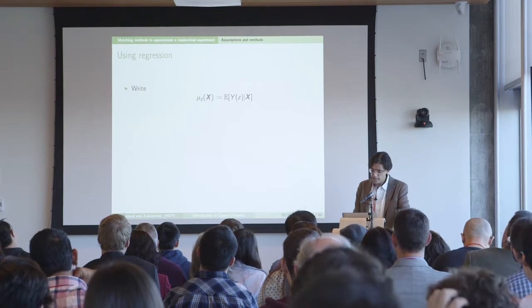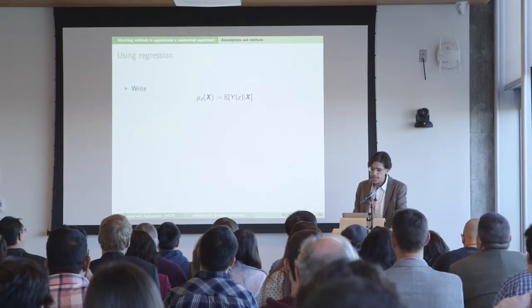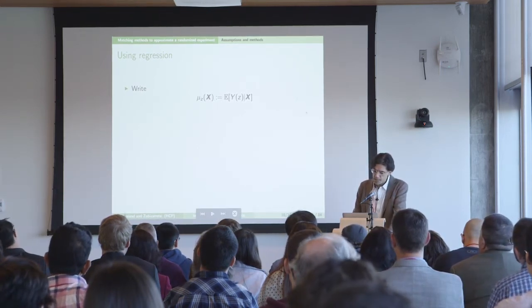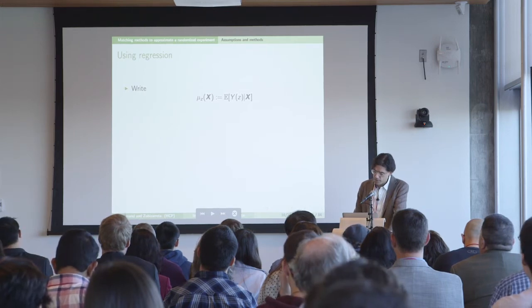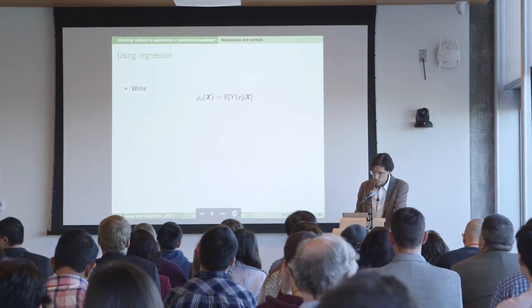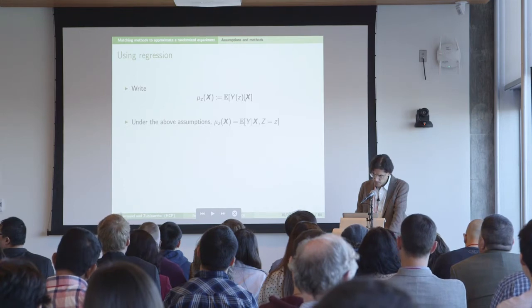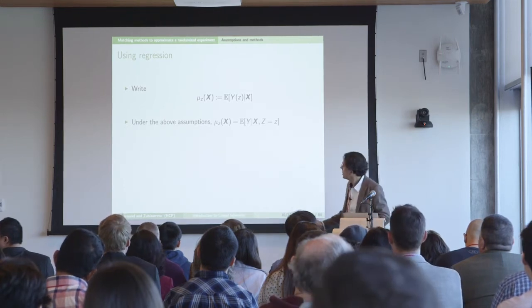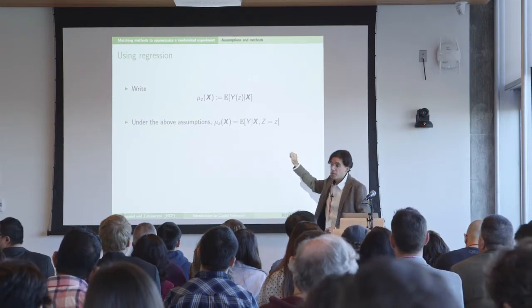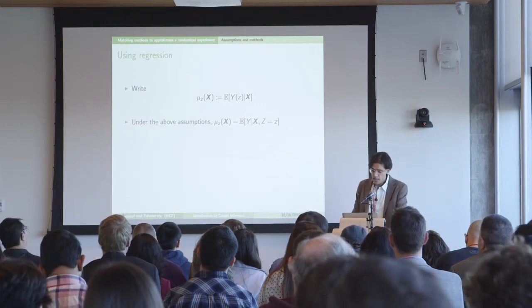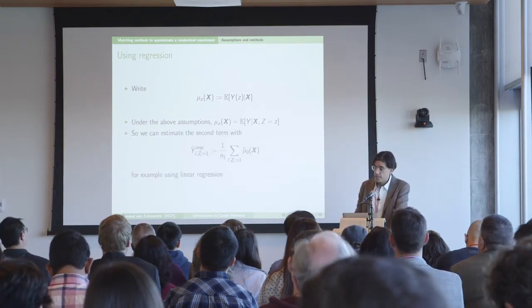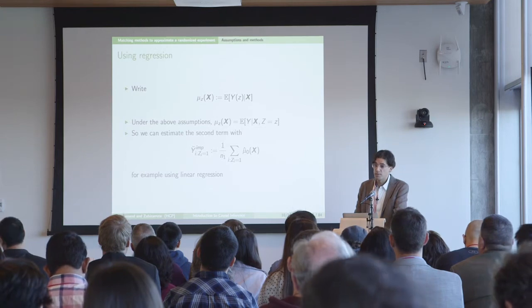So we're going to write as follows the mean potential outcome for treatment set given the observed covariates. And under the above assumptions, we can compute this just from the regression on the data, which suggests an estimator of the following form.